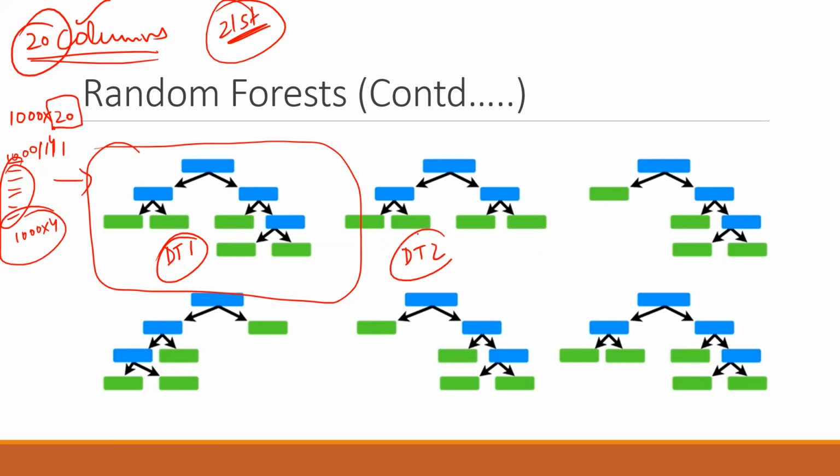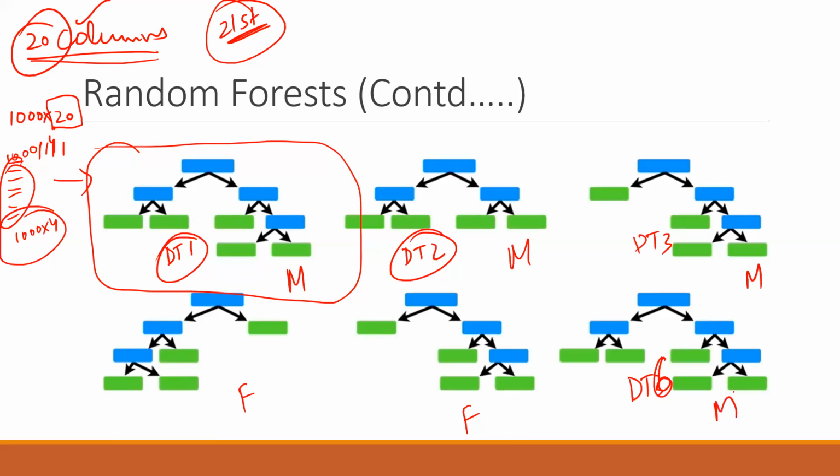Similarly, you can make other decision trees, and maybe these are 6 decision trees generating outputs. Let's say you are doing gender prediction. The first model says male, the second male, the third male, the fourth female, female, and male.